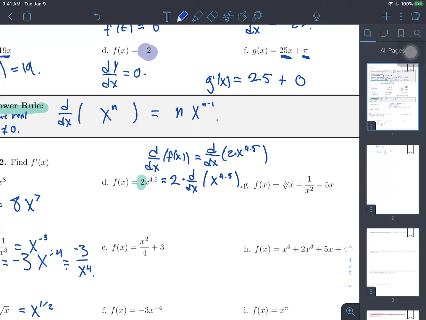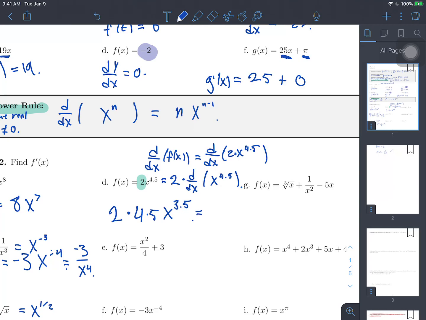So I got rid of that pesky constant, and now the only job I have left to do is the derivative of x to the power 4.5. This is getting a little repetitive at this point, but we'll keep going. 2 times 4.5 times x to the 4.5 minus 1 is 3.5.